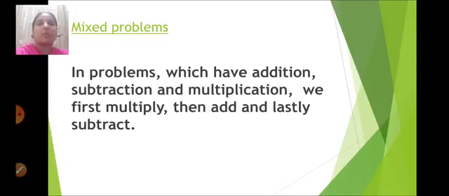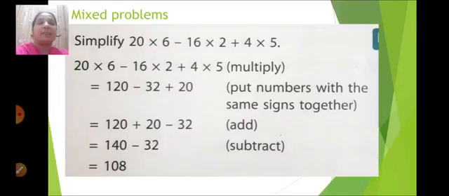Now what are mixed problems? In problems which have addition, subtraction and multiplication, we first multiply, then add and lastly subtract. Okay, so one example we will see here. One question is there where we have to simplify 20 multiplied by 6 minus 16 multiplied by 2 plus 4 multiplied by 5.